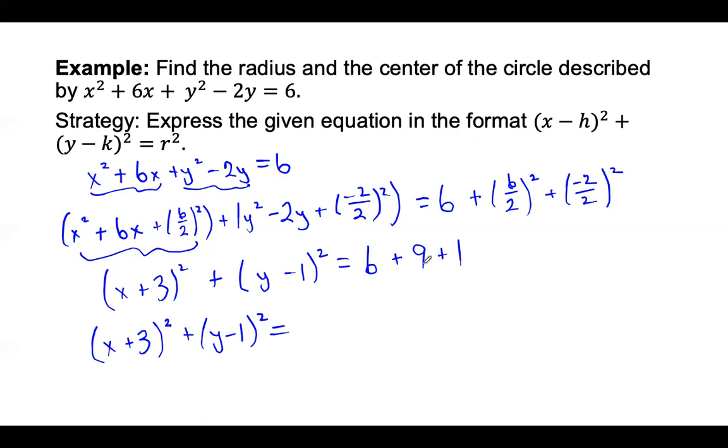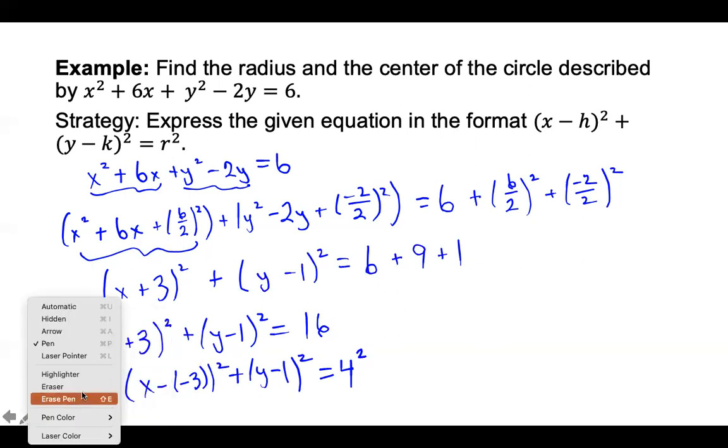And 9, 10, so this is 16. We could express it in this format, like there's a negative in front of h if we wish. So we could write it x minus -3 squared plus y minus 1 squared equals 4 squared. So now it's exactly in that format.